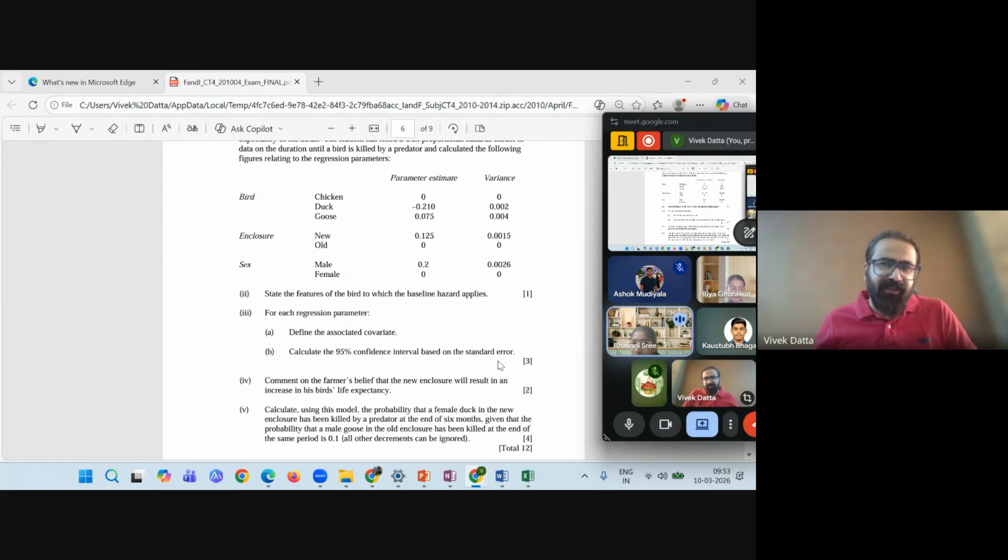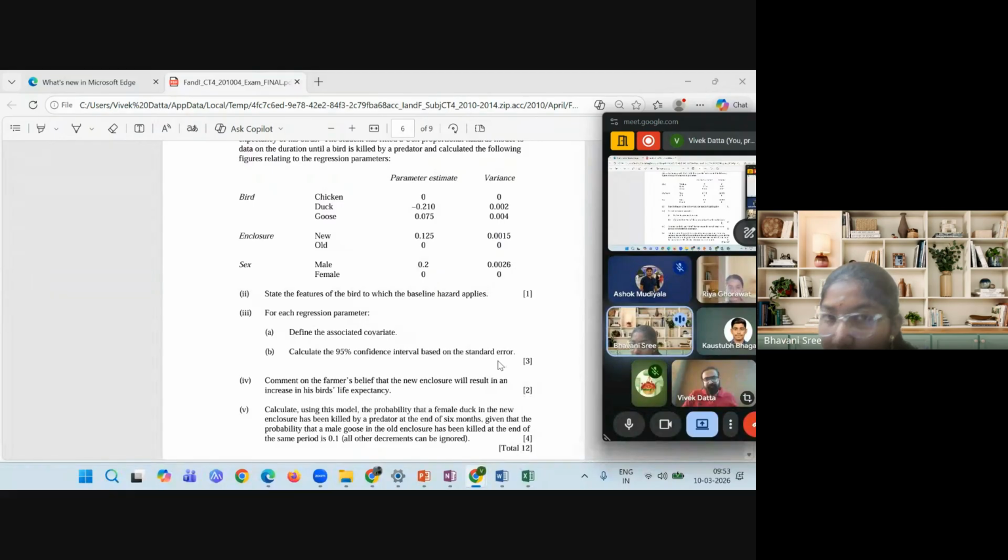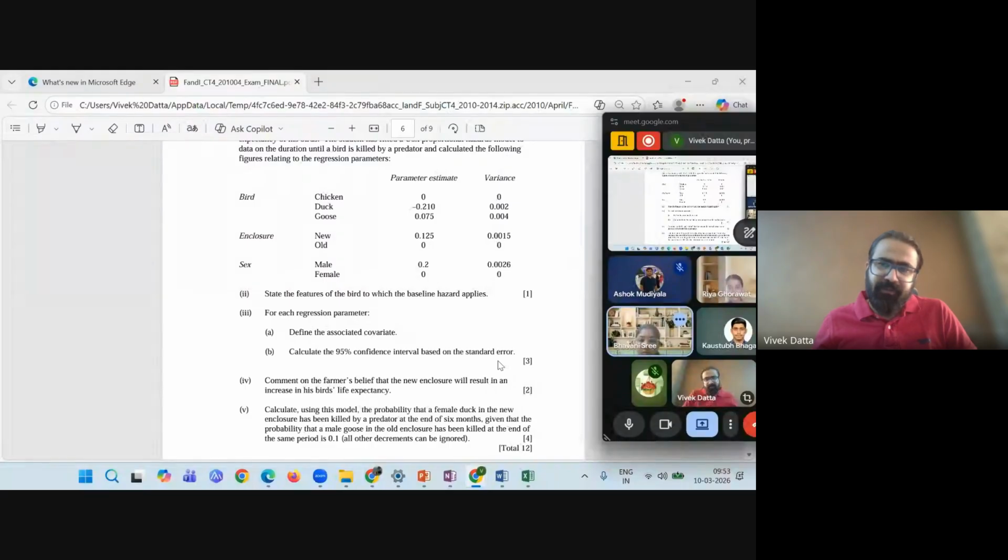What is beta 1? I am calculating the values. Okay. Ria, tell me the beta 1 value. I'm not asking the confidence interval, I'm asking you the beta 1 value.